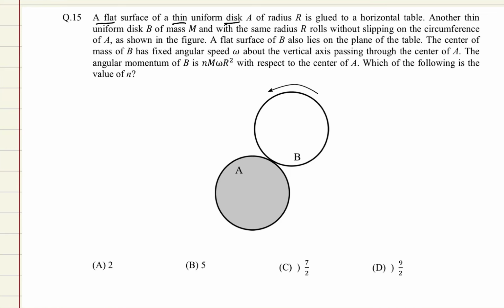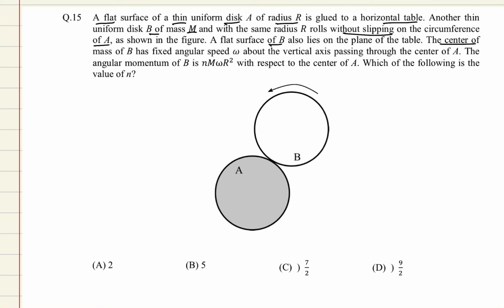Now we will discuss question number 15. A flat surface of a thin uniform disk A of radius R is glued to the horizontal table. Another thin uniform disk B of mass M and with the same radius R rolls without slipping on the circumference of A as shown in the figure.